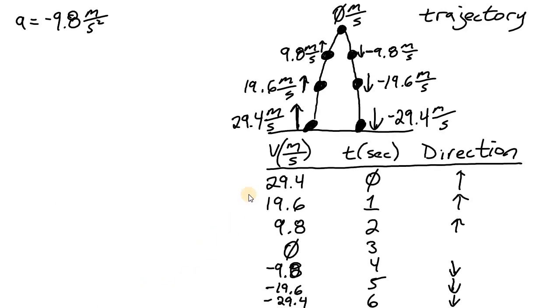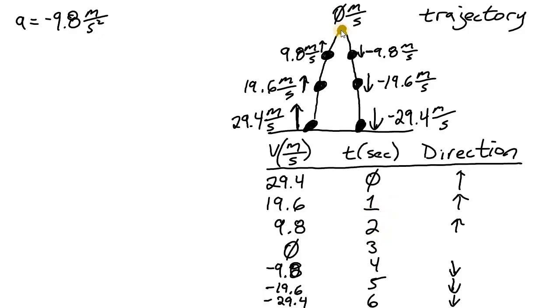All right, so I know that I just spent a lot of time going over how the trajectory is very symmetric based on the velocities, but what else is very symmetric? Well, what about the time? How many seconds does it take to go from the ground all the way up to the maximum height? 1, 2, 3 seconds.